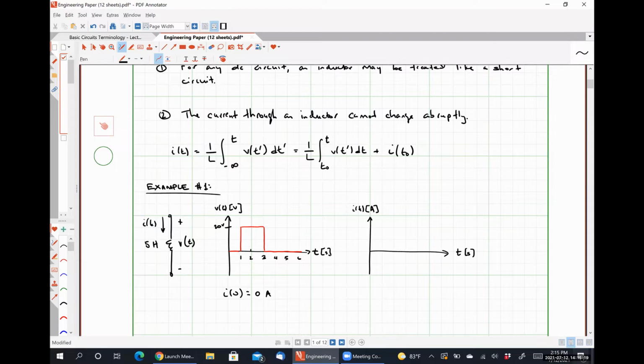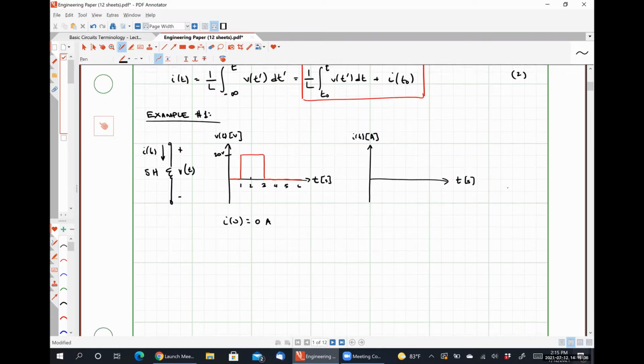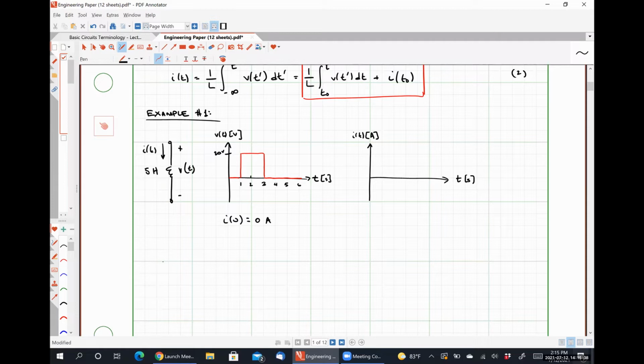Okay. So since we know the voltage, we're going to use the second equation, which I'll go ahead and put a box around because it's another very important equation. Like so. We could write our voltage as a piecewise function. So we could say that V of t is 0 volts for t less than 1 second.